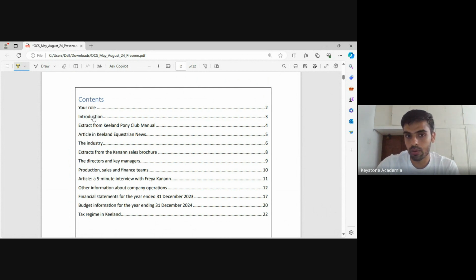For example, your role will be there, the introduction of the company, what our company is actually doing, some of the news of the industry they'll talk about. Very commonly, they'll give issues about the financial statements, budgeting information, tax regime, right? How we are doing sales, the industry, everything remains common.